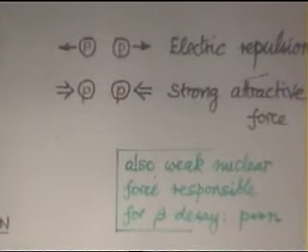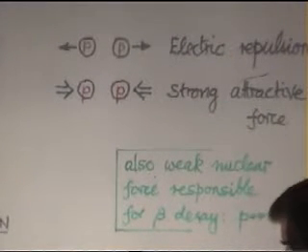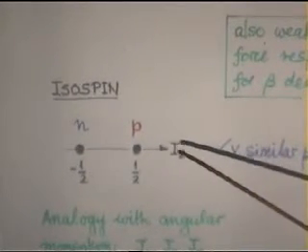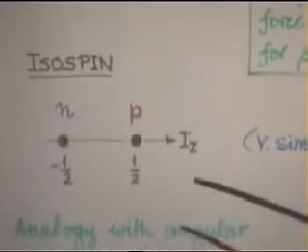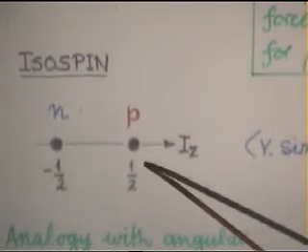Now, isospin. From looking at the nuclear data, it appeared that if you ignored the electromagnetic interaction, nuclear physics was symmetric under interchanging neutrons and protons. In fact, you could even have a group theory. You could do rotations in this abstract neutron-proton space.